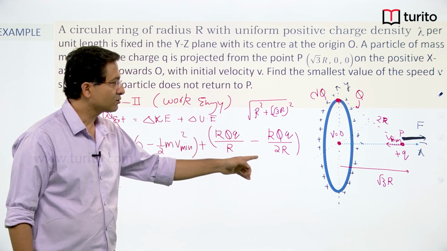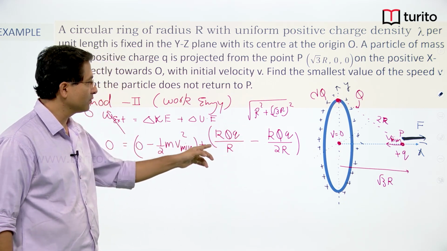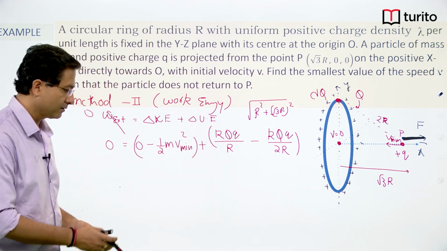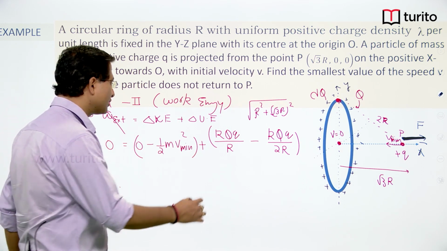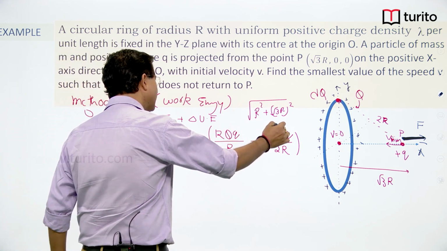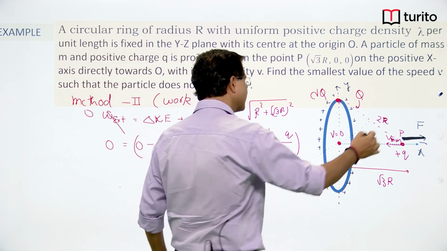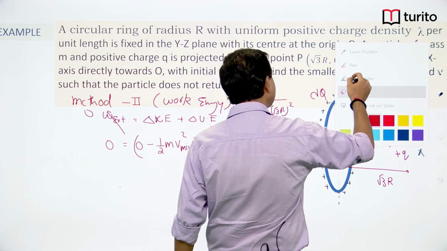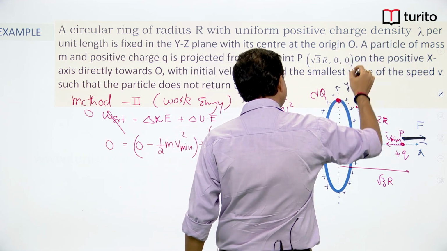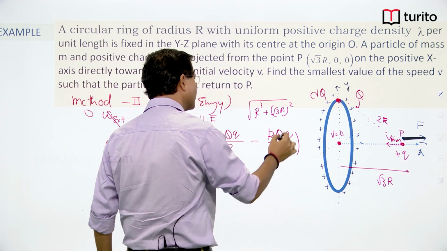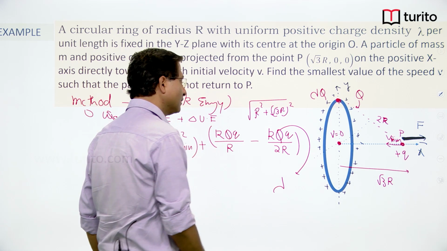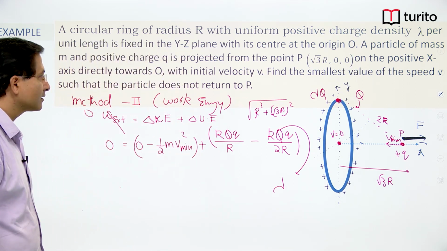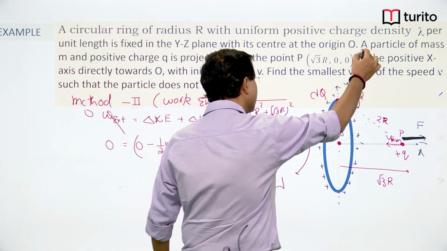So if you subtract these two, the 2 and 2 will get cancelled out, you will get V min, right. So here I need to write Q in terms of the given parameter, right. What is the given parameter? Instead of total charge, linear charge density is given, lambda.